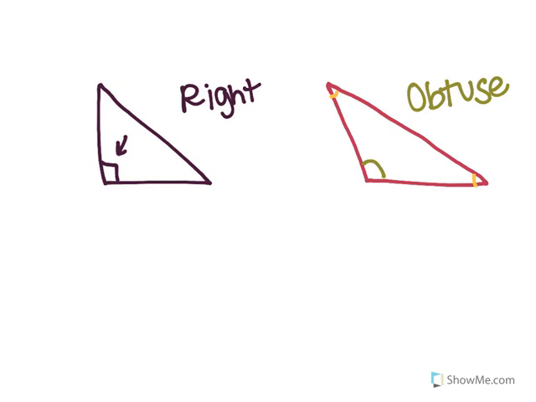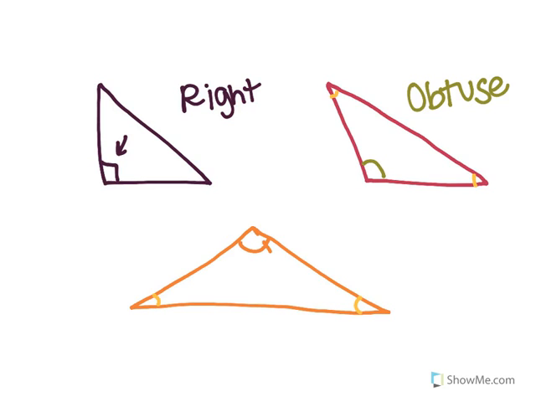Okay, try this next one. On it I see I have an acute angle and an acute angle. And then this right here would be what type of angle? Here's 90 degrees.